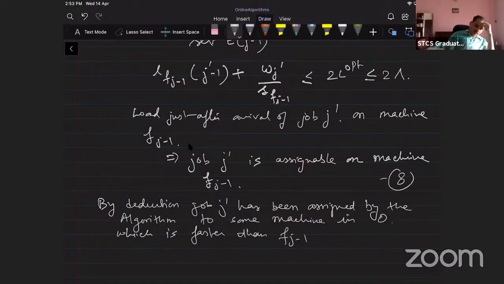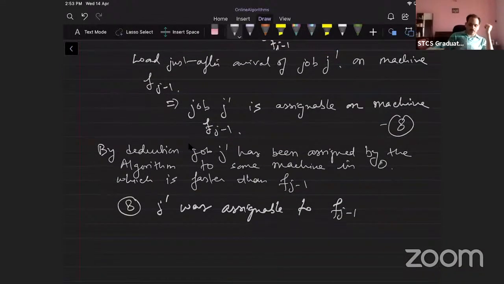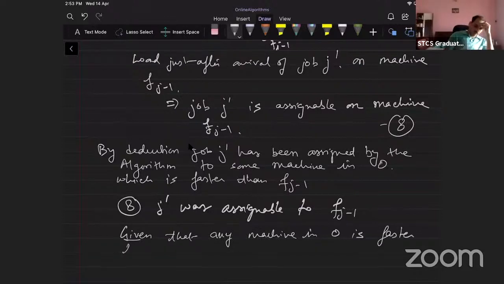But 8 is telling us that job j prime was assignable to fj minus 1. And now by the definition of the algorithm, and given that any machine in O is faster than fj minus 1, we get a contradiction.